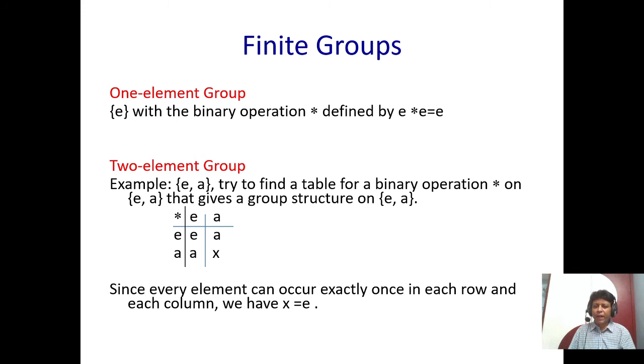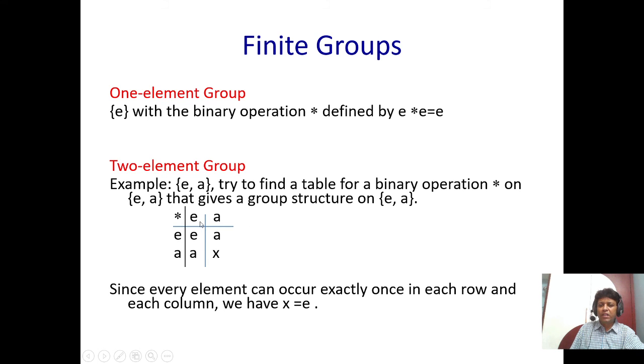Two element group, you can say {E, A}, and this is defined by the composition table. On the left top corner, you have star, the composition, and then E, A, and you do the composition.